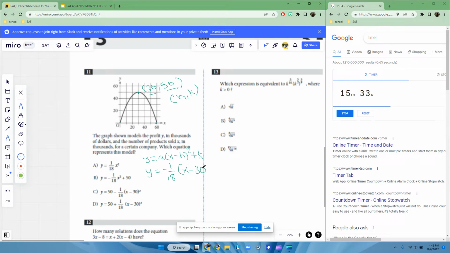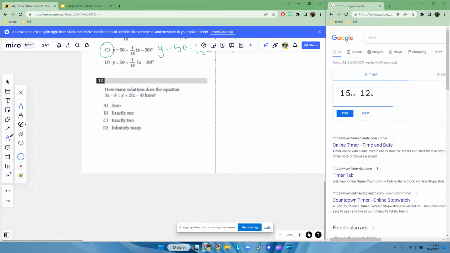X minus 30 squared plus 50. So looks like our answer option is C. You can take 50 to the other side and you can rewrite it as 50 minus 1 over 18 (x minus 30) squared. That also works.